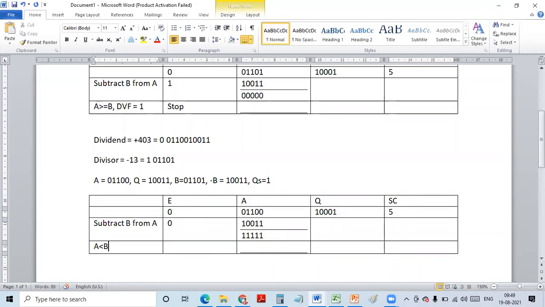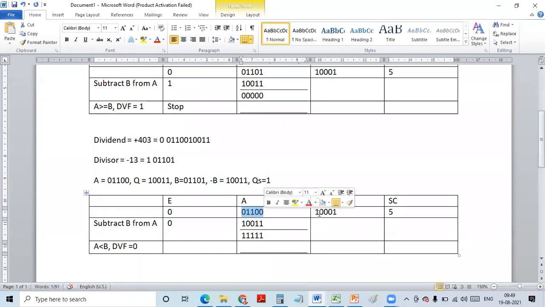Okay. The division overflow flag I will make 0. Since A is less than B, the first 5 bits are not enough, so I have to take one more bit. The next subsequent bit available in Q should be shifted to A for consideration. So 5 bits are not sufficient, we need to take the 6th bit.